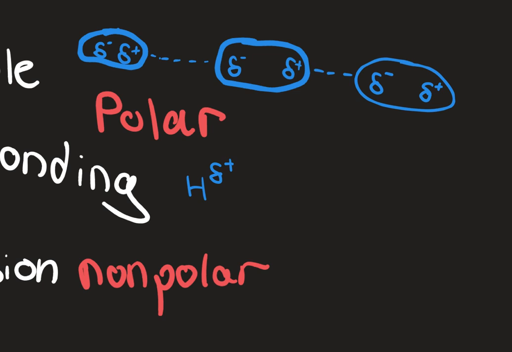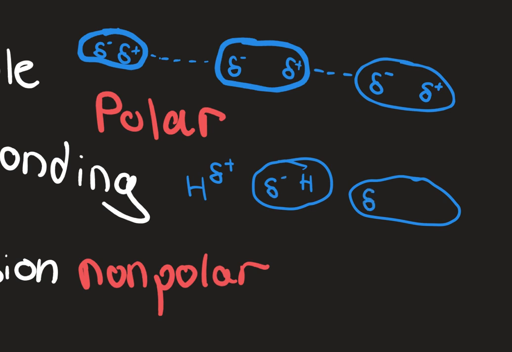If I were to draw some imaginary molecules, our hydrogens have partial positive charges because they're most likely the least electronegative atom. So they will be attracted to those partial negatives.